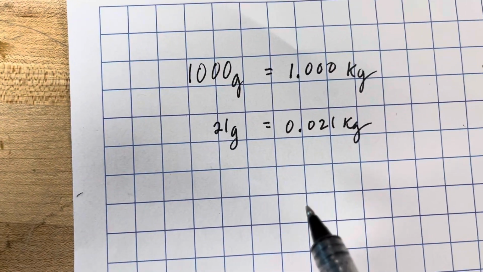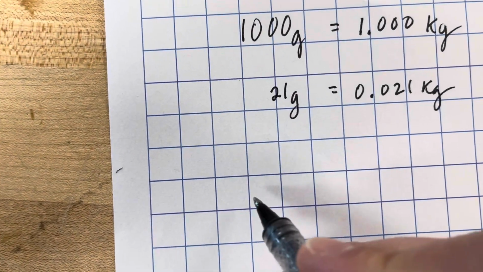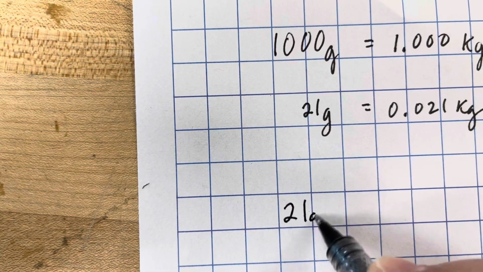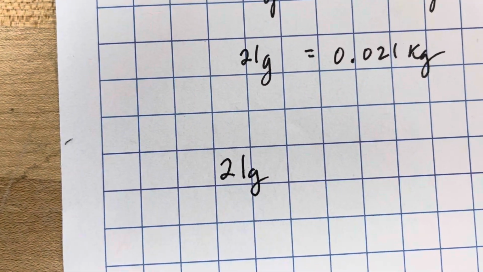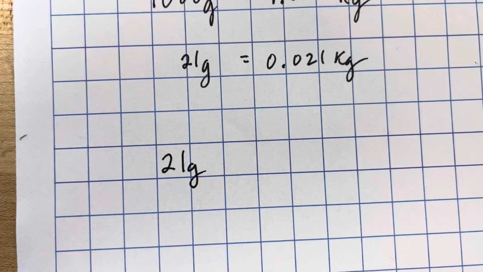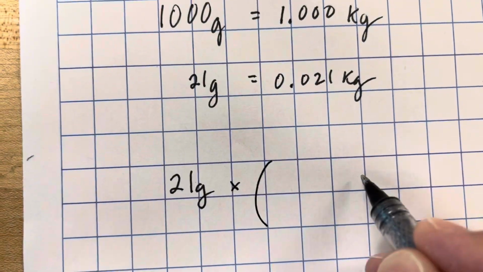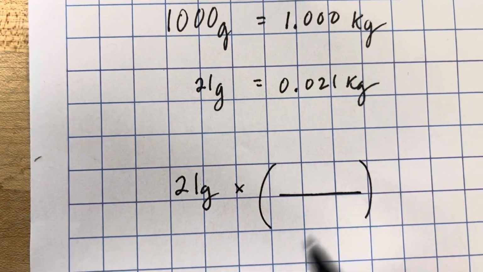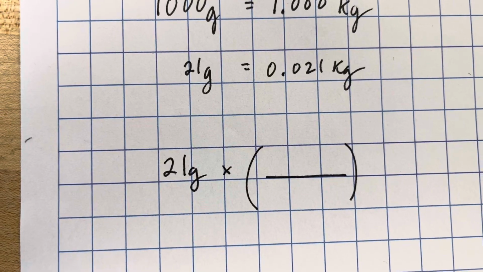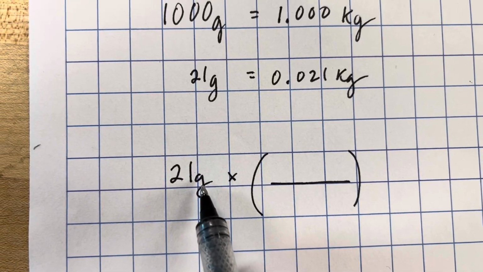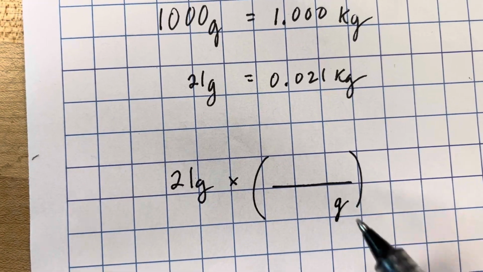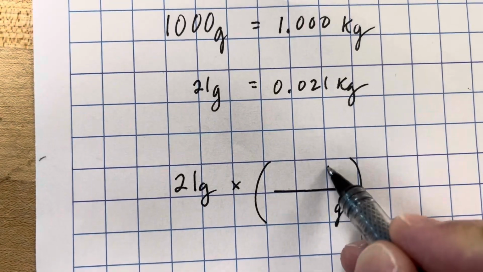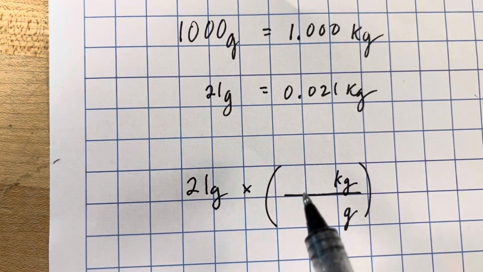But how do you show your work? So let's say we had a bridge of 21 grams, and we need to convert that to kilograms. The way you convert it is by multiplying by what's called a conversion ratio, right? If we're given grams, we put grams in the denominator and kilograms in the numerator.